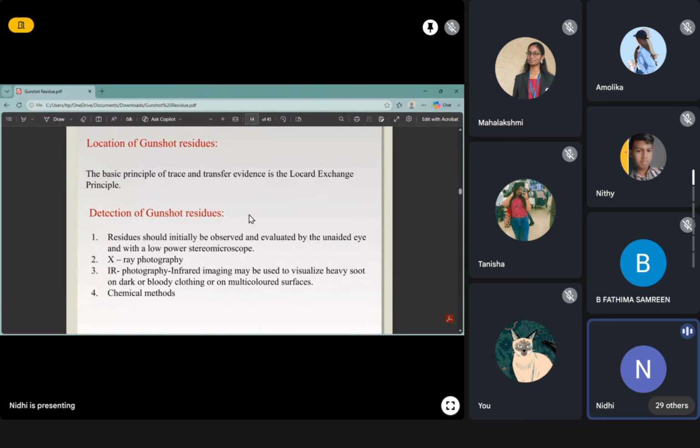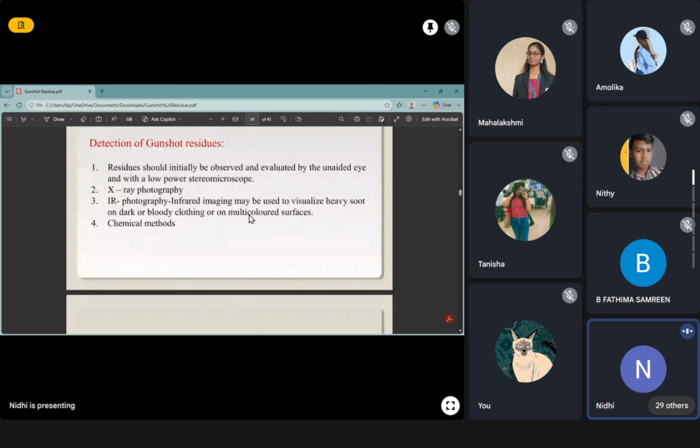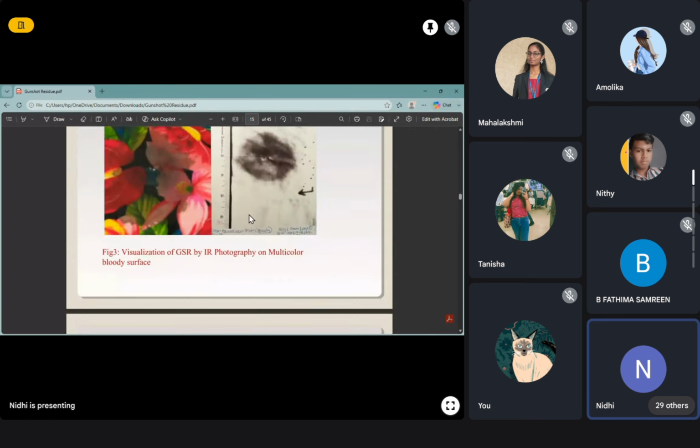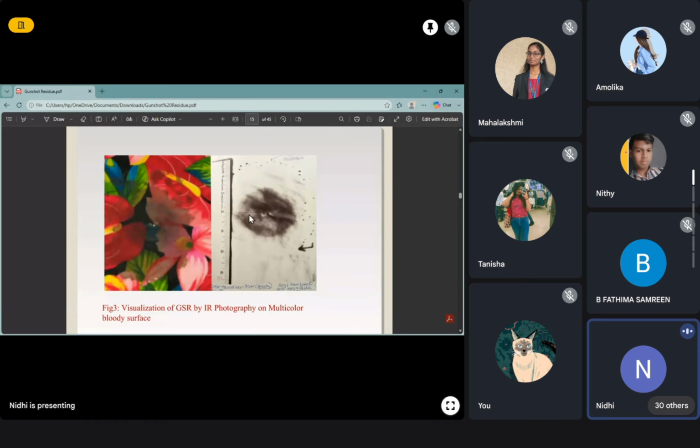The basic principle of trace and transfer evidence is Locard's exchange principle. Then how will you be able to detect those gunshot residues? You can perform chemical tests, X-ray photography, IR photography. IR photography is basically used to visualize GSR on dark and bloody clothing or on multicolored surfaces. And we are using chemical methods, which that girl said, sodium rhodizonate. So this is visualization of GSR by IR photography on a multicolored bloody surface.